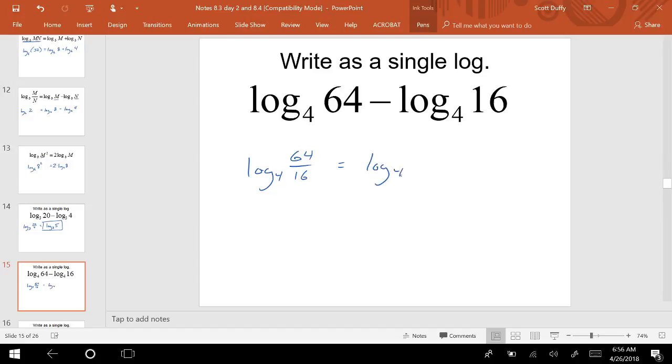Log base 4 of 4. And then I guess they might have you do this in the book, is actually say what does this equal. Obviously you would say, alright, 4 to what power equals 4, and you know that x equals 1.